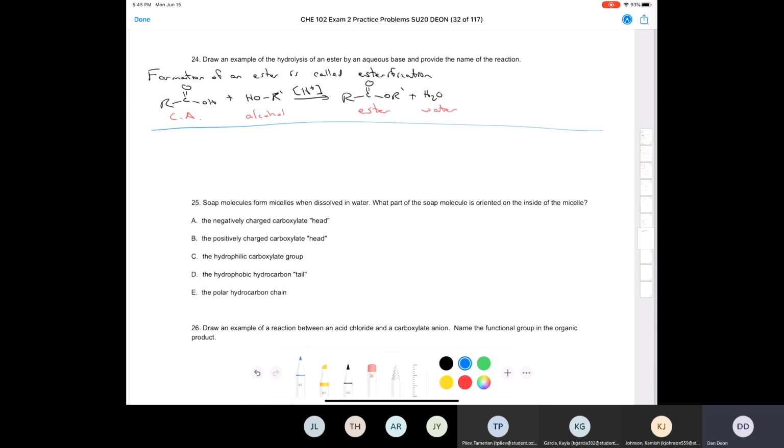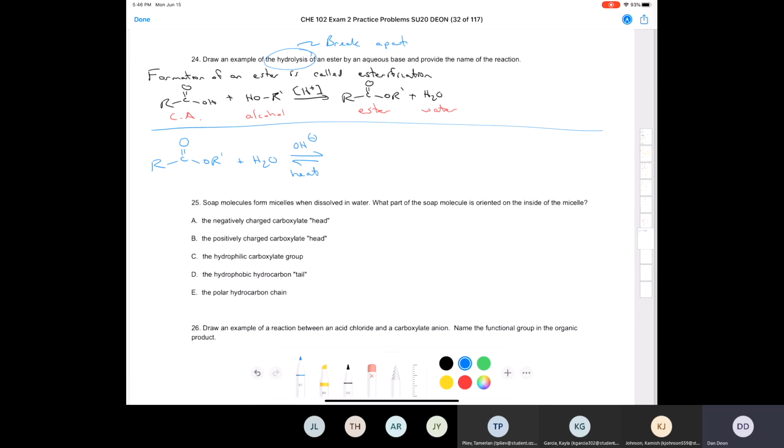You can also hydrolyze an ester. That means to break apart. So now that you've made an ester, you need to learn how to break it apart. If I take an ester and treat it with aqueous base, so hydroxide, sodium hydroxide, potassium hydroxide, it doesn't matter, or let's just write OH minus, and then I heat that up, now I can blow it apart.